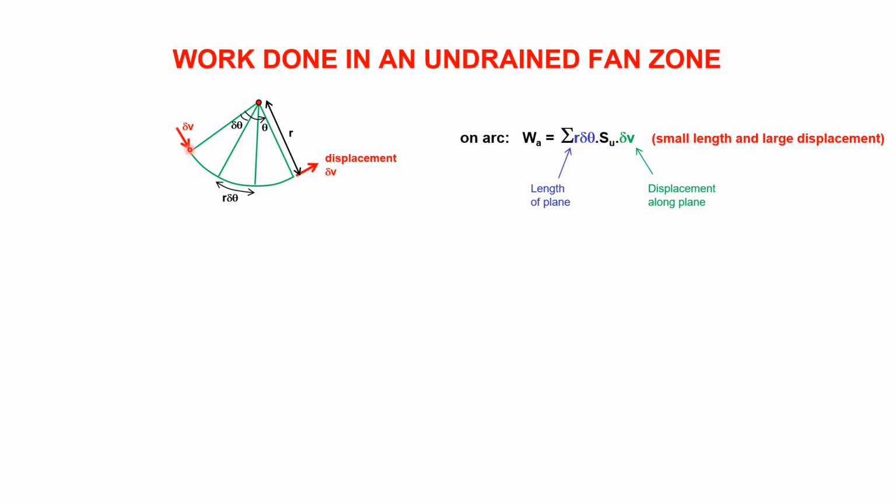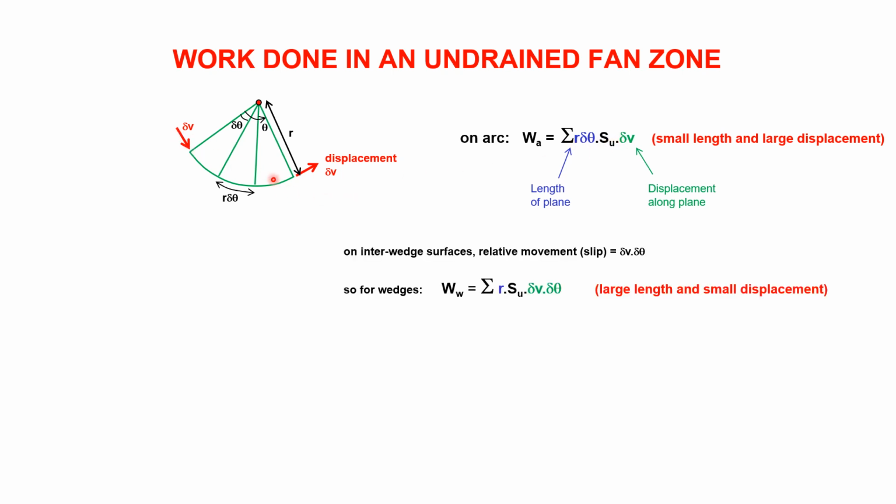Displacement is delta V. You'll have to take my word for it, but the movement on this radial slip plane, so this is moving down as that one's moving up as we rotate round. That relative movement there is delta V delta theta. The maths to prove that a student once asked me to do, and I couldn't do it, so I asked my wife, and it's a couple of pages long. So, anyway, take my word for it. That's what it is.